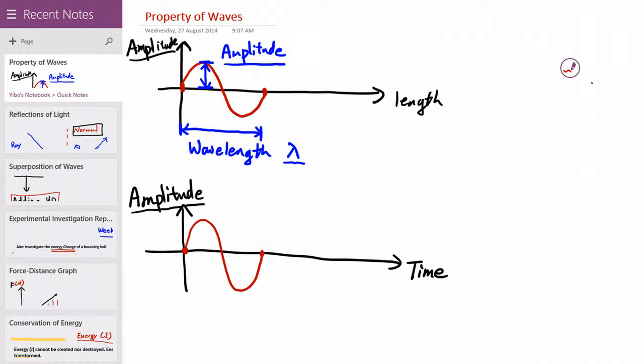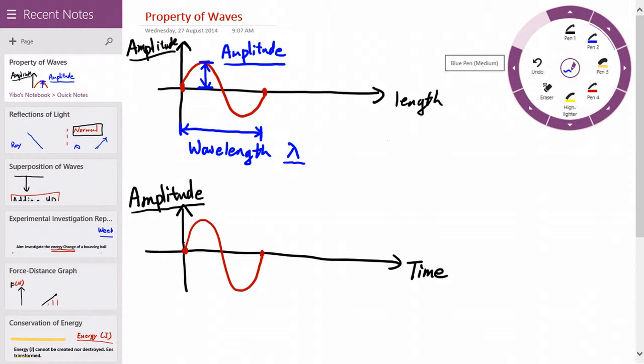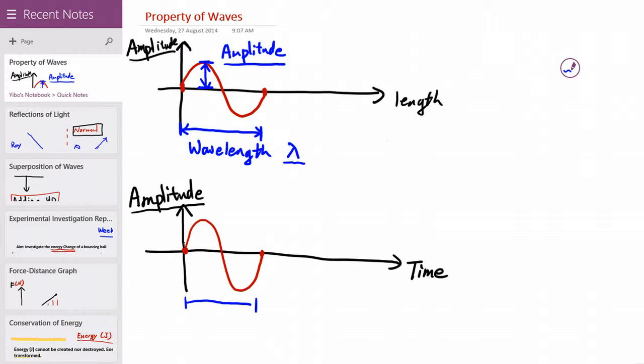So a wave can be sketched in two ways. Now, in this case, the distance on the x-axis of the second diagram will be the time taken for one period of the wave.